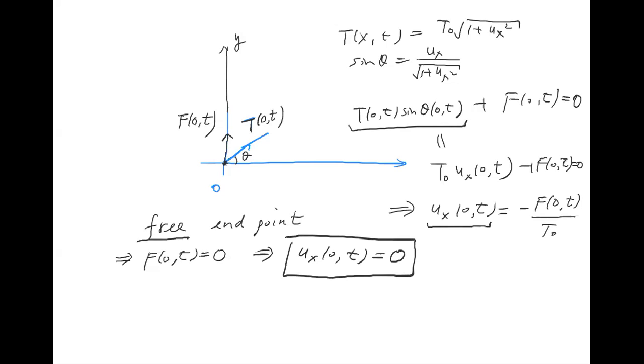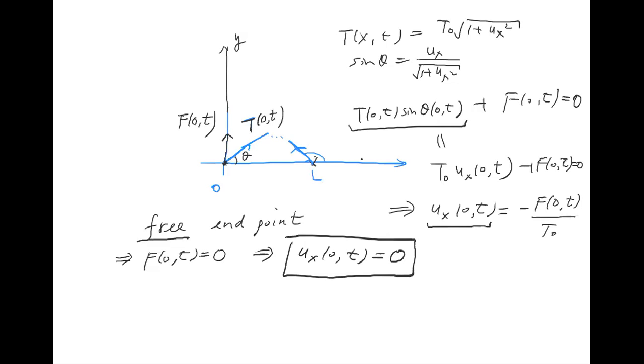So that's for the endpoint x equals 0. For the endpoint x equals L, I'll just do it here. Imagine this is the endpoint L. This time it's a little bit tricky, because it's like that.